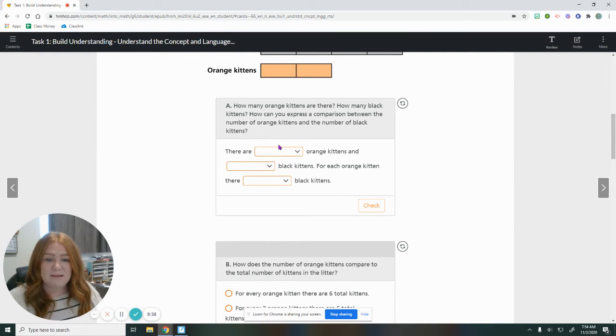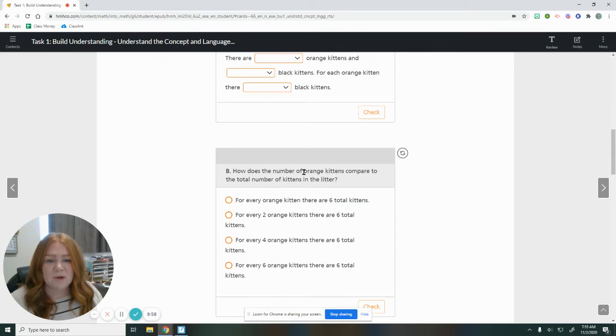So how many? And then for every orange kitten, there are how many black ones. So this one is just how many orange, how many black. And then remember that simplified ratio, when we broke it down, every time we had 1 orange kitten, how many black ones were there?